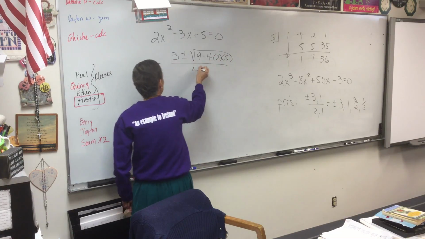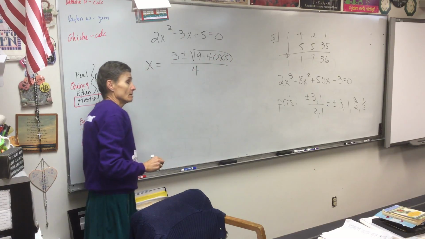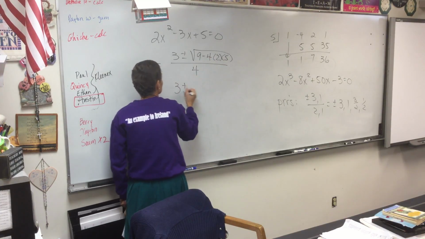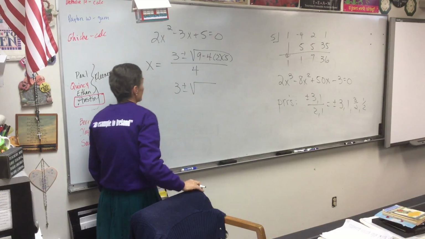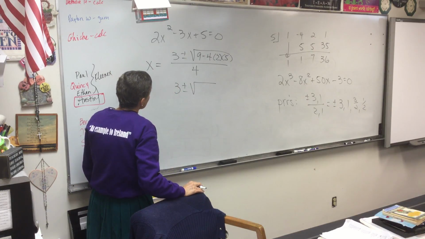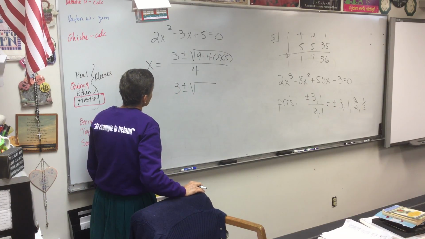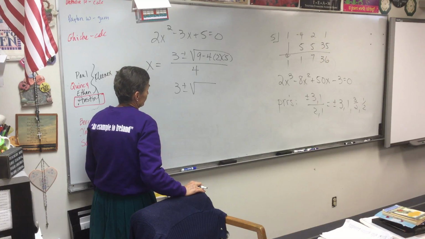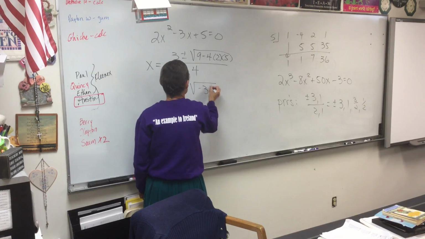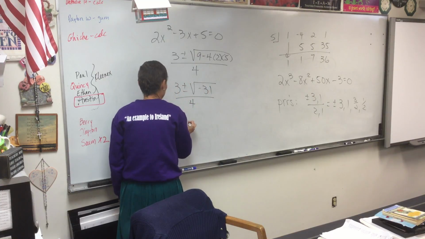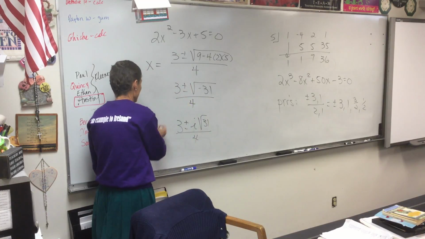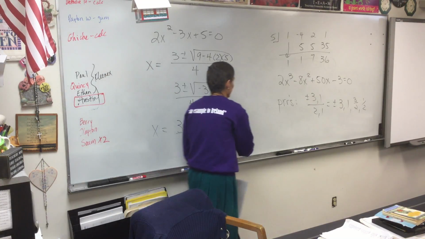Nope, it doesn't factor. The discriminant, this guy right here, is going to be negative. So what is it? I think it's negative 31. Yeah, I'm with you on that. Negative 31. So 3 plus or minus I root 31 over 4. Those are your solutions.